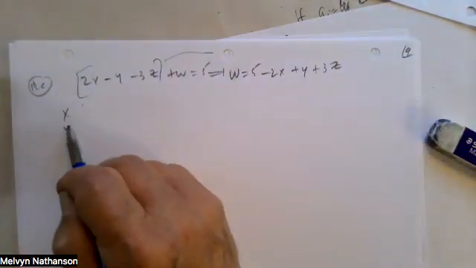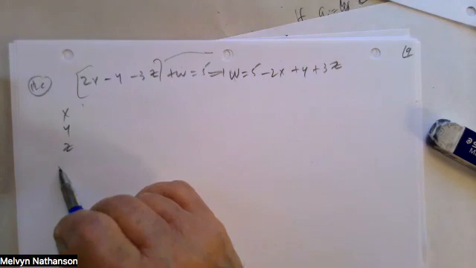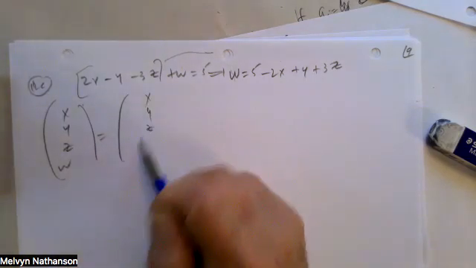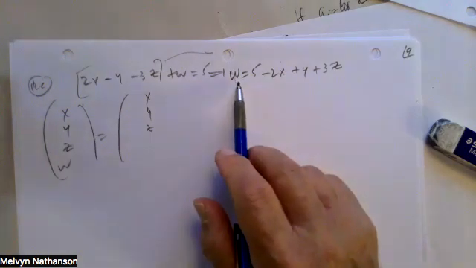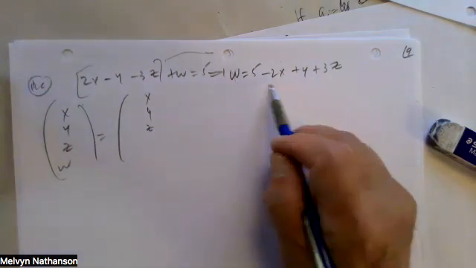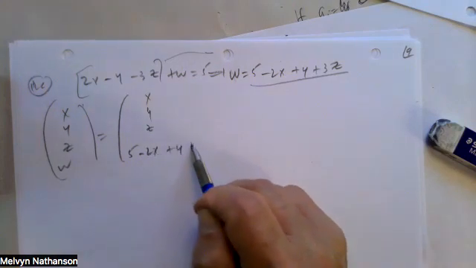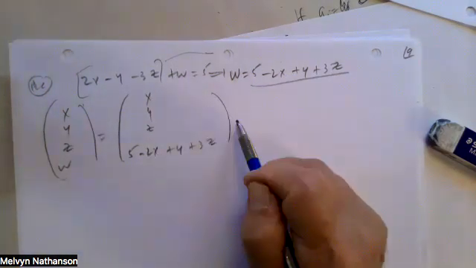So whenever I have a solution x, y, z, w for this equation, x, y, and z can be anything, but once you pick x, y, and z, w must be equal to 5 minus 2x plus y plus 3z.